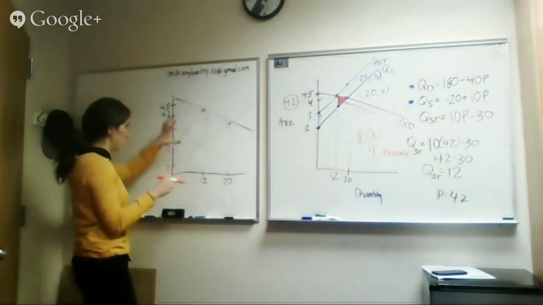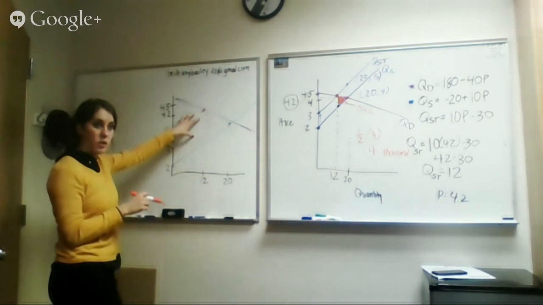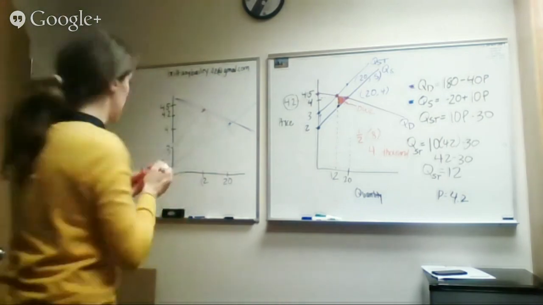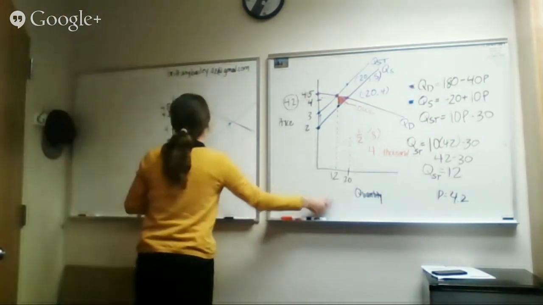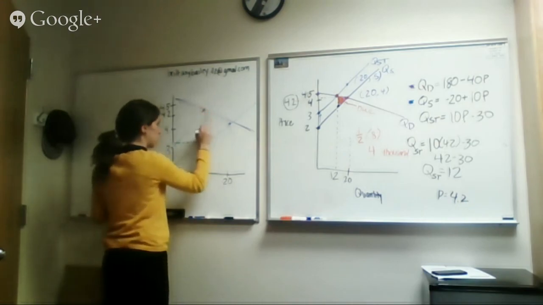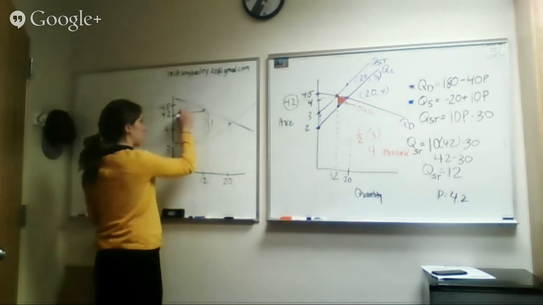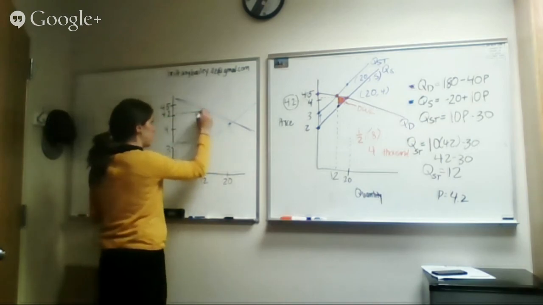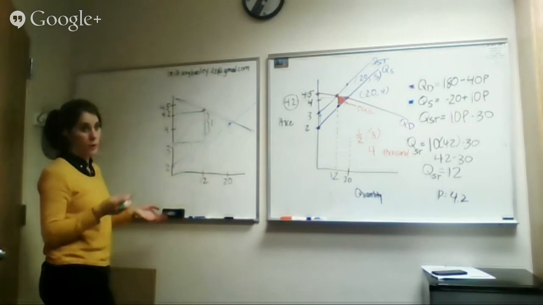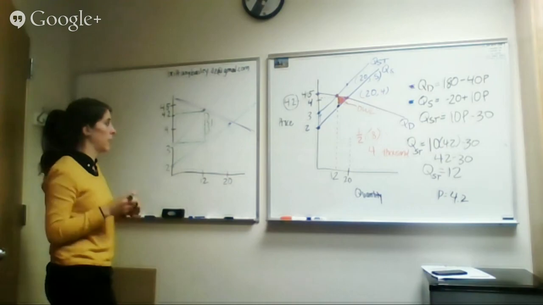So the area of this triangle represents how much the tax actually costs. Can you see that? No. Okay, I'll use a different marker. Okay. So this is the area of the total cost of the tax, or the total revenue that the tax gets, depending on what you're looking at.